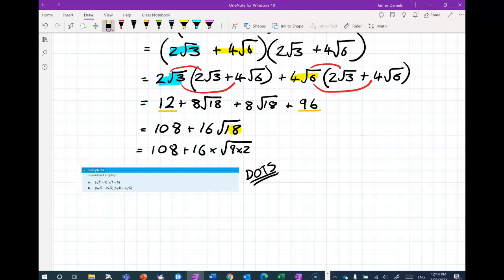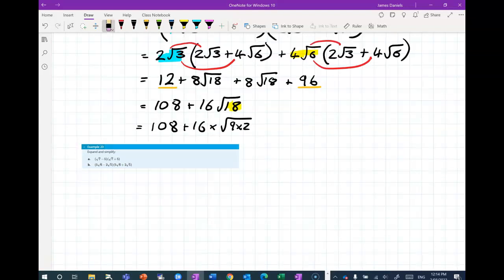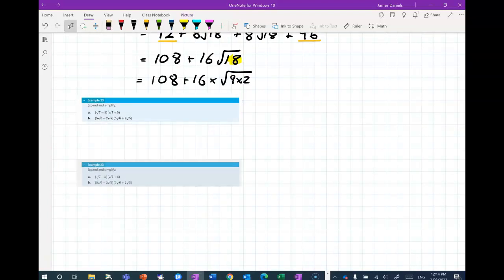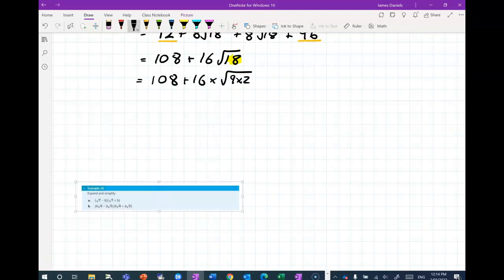So we always look to simplify. Now I can only add and subtract like surds. So the square root of 9 is going to come out. So I have 108 plus 16 times 3 square root 2, because the square root of 9 makes 3.